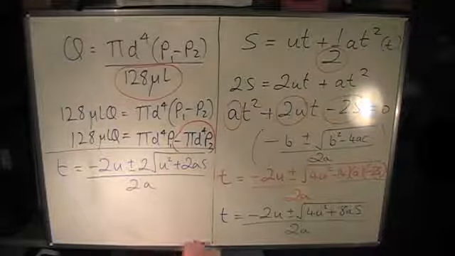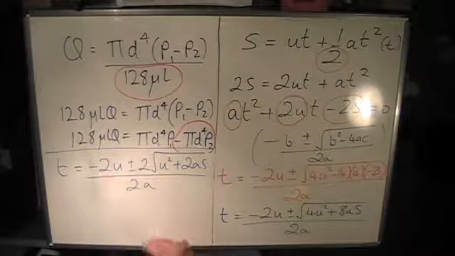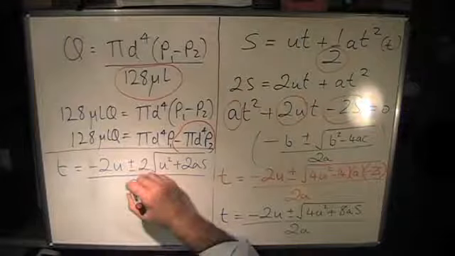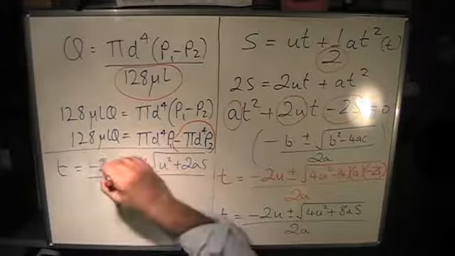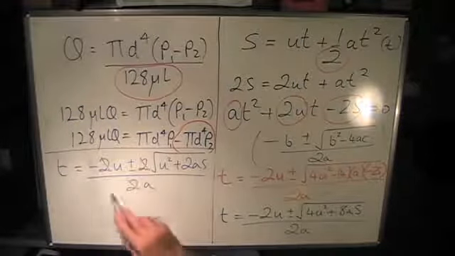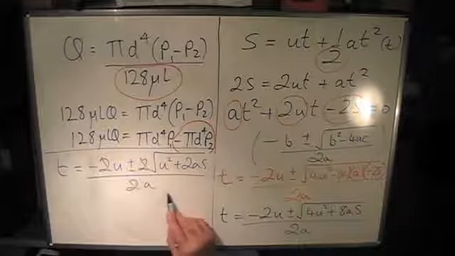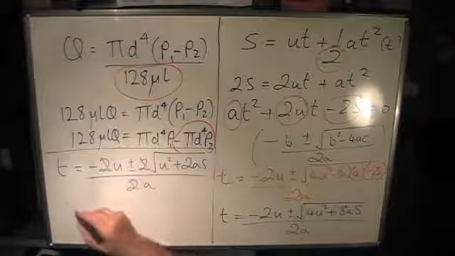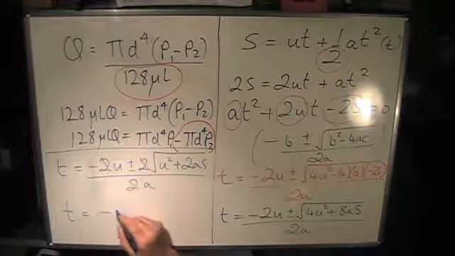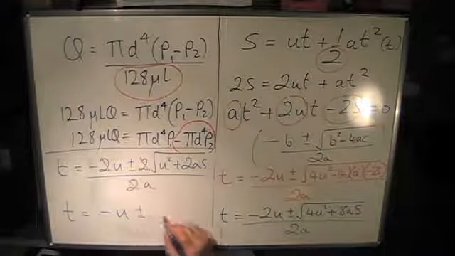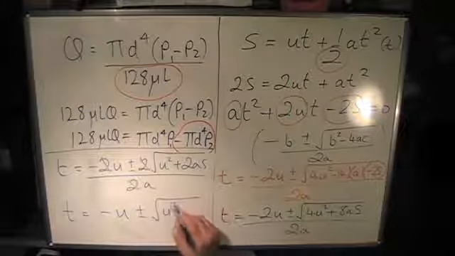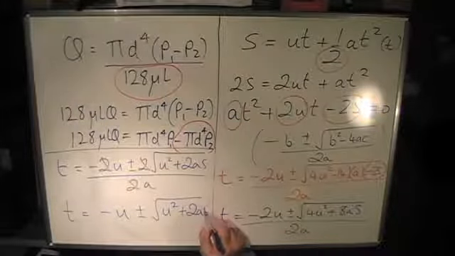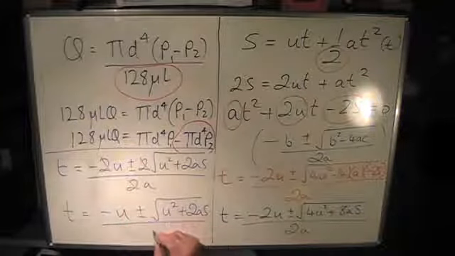And so in effect, you can divide top and bottom by 2, or effectively that 2 cancels with that 2 and cancels with that 2. So we're dividing the top line by 2 and the bottom line by 2. So your final answer for t looks like this: minus u plus or minus the square root of u squared plus 2as all over a.